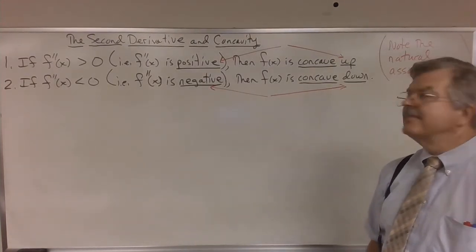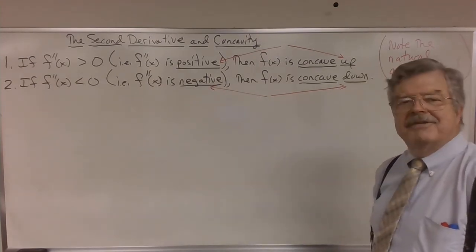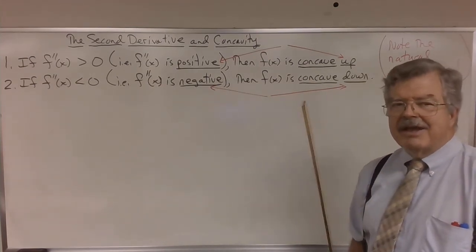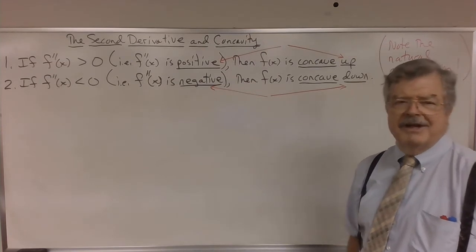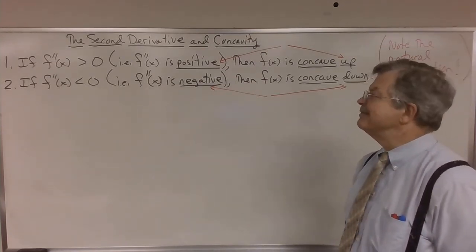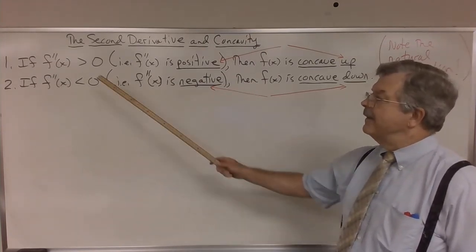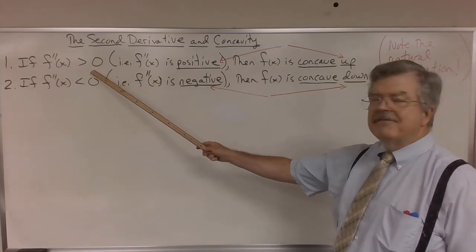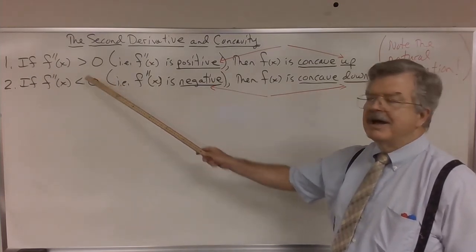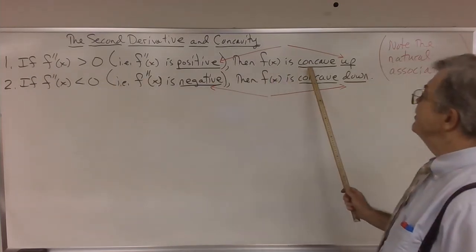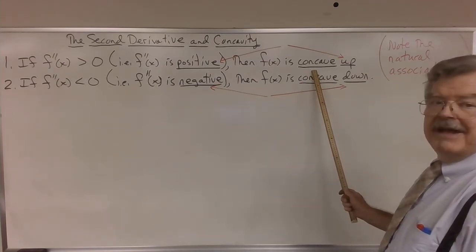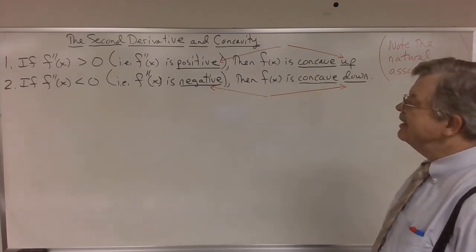Okay. The second derivative and concavity. Here's why we were interested in the second derivative. It turns out that if the second derivative is positive, then the original function f of x is concave up.